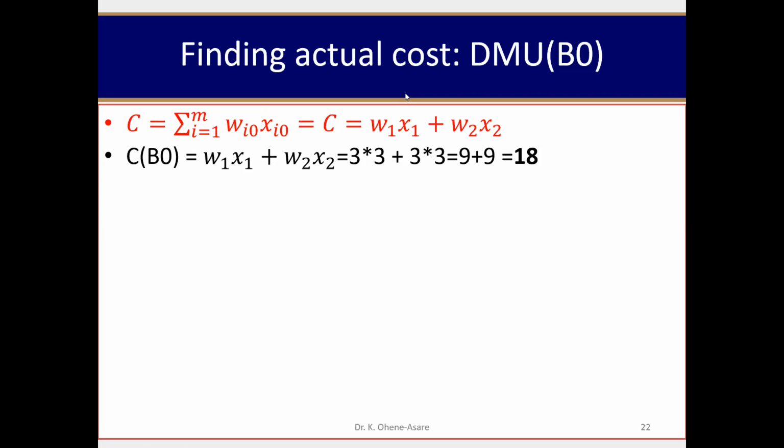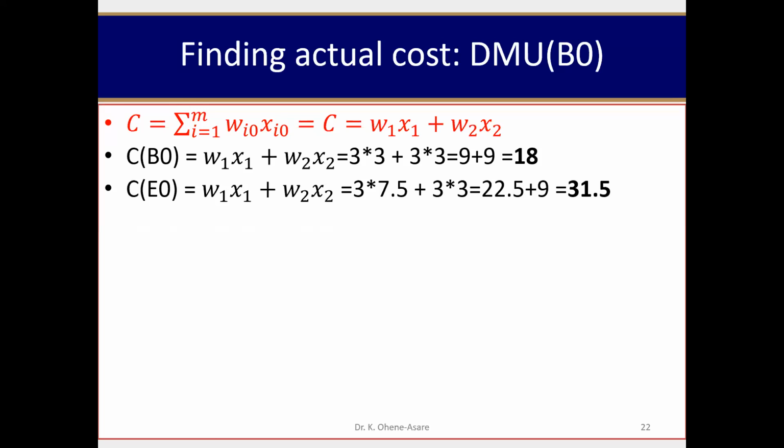Derek, what is your actual cost for D? 30. 30. Deborah, actual cost for E? 31.5. Okay, 31.5.